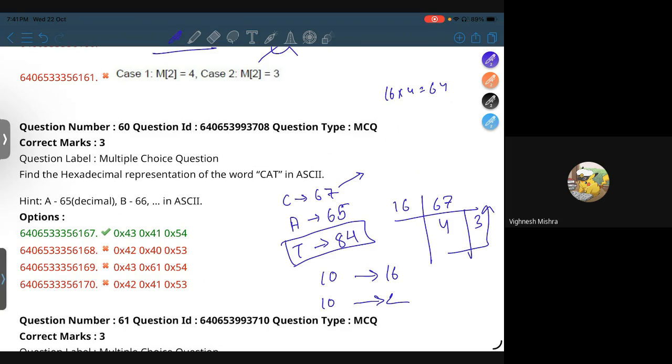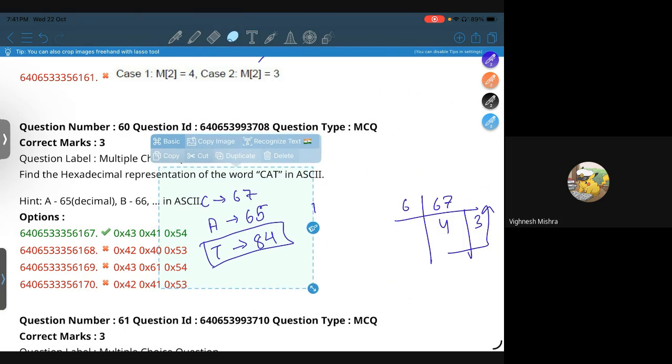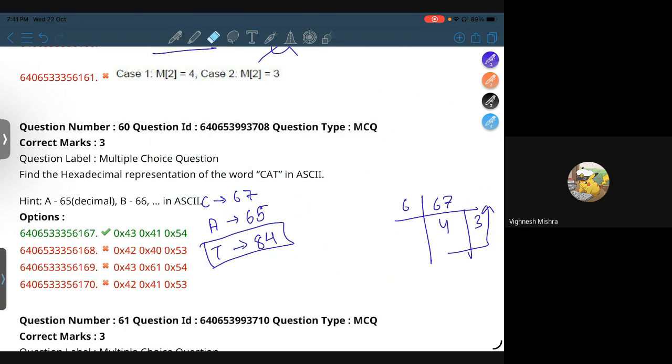We start from this side and take the remainders only. So 0x43. Okay, so this is 0x43.